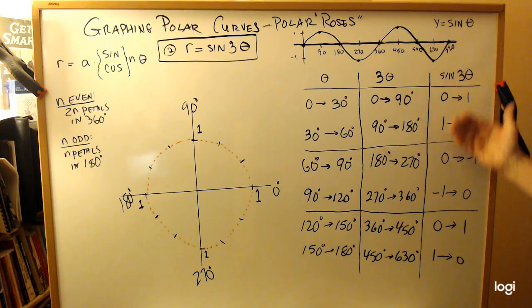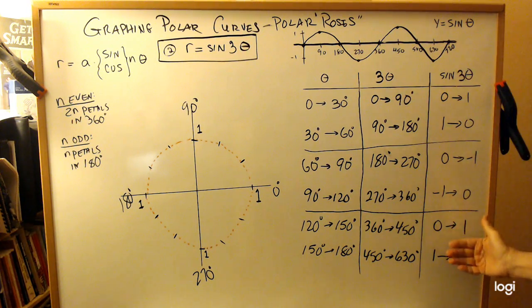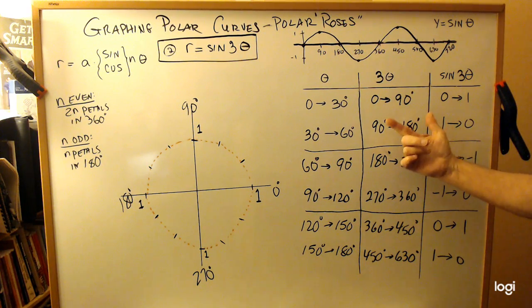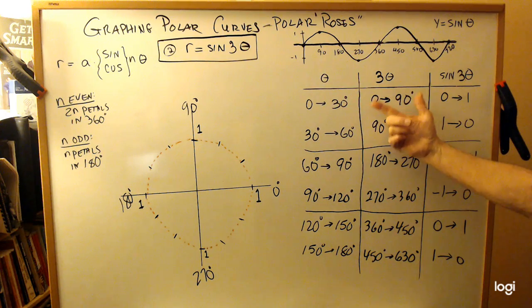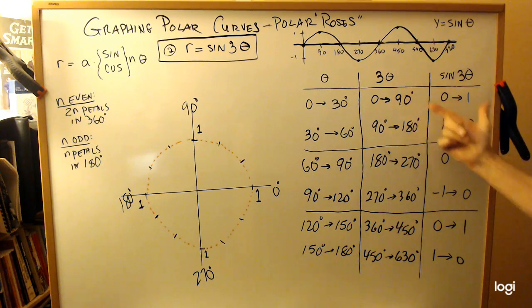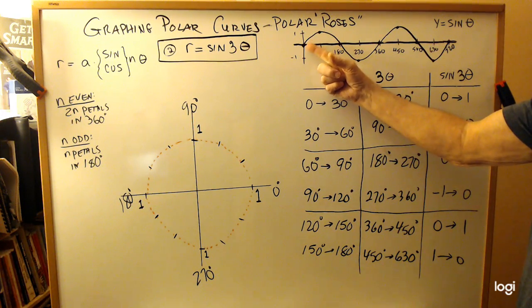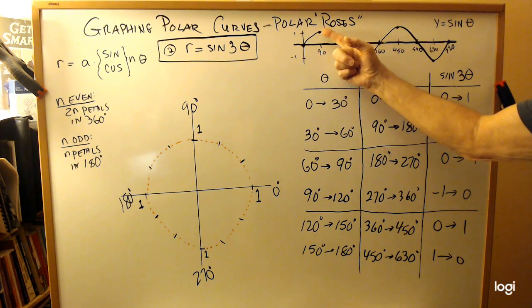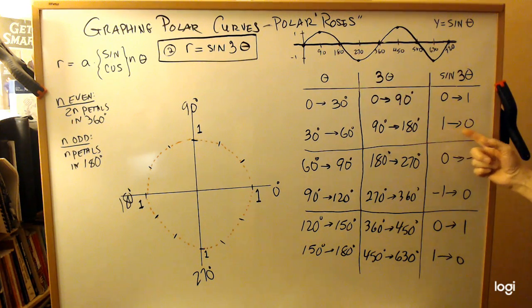And again, we create not really a table of values, but a chart of what's going on here. It's really 3 theta here. When the sine curve goes from 0 to 90, the height goes from 0 to 1. From 90 to 180, the height goes from 1 to 0.